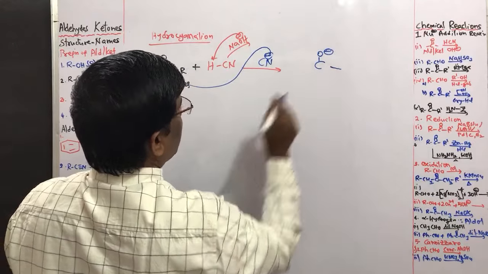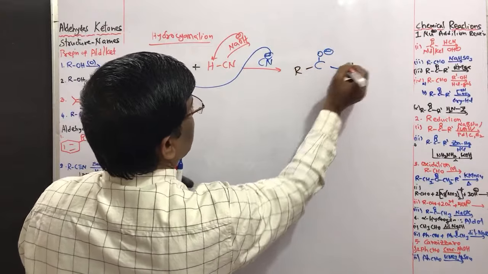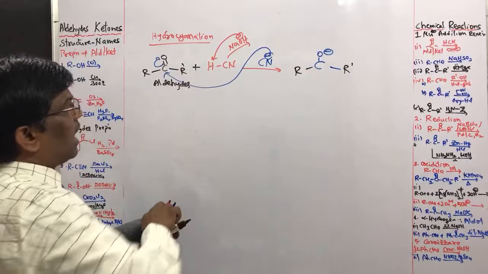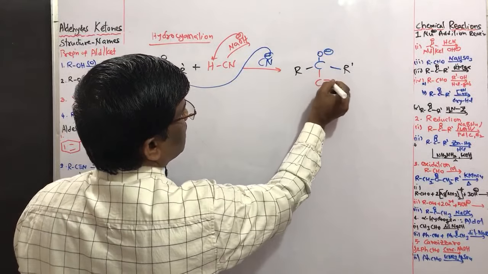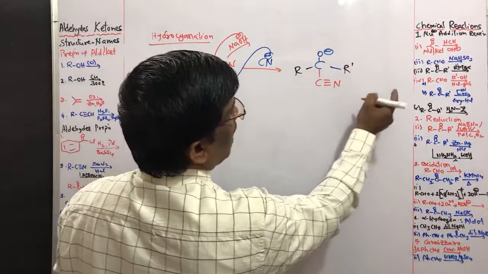So this is R and R. You can write R prime if you want, and cyanide is added. Right?